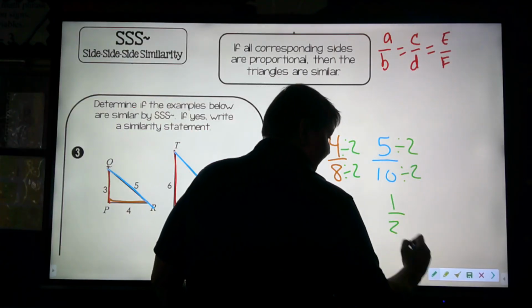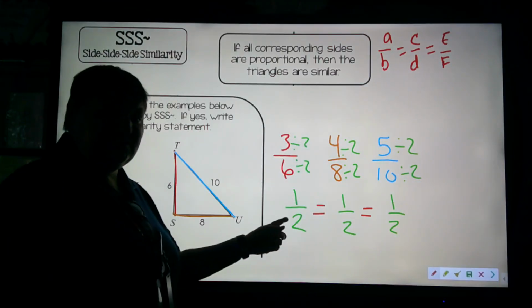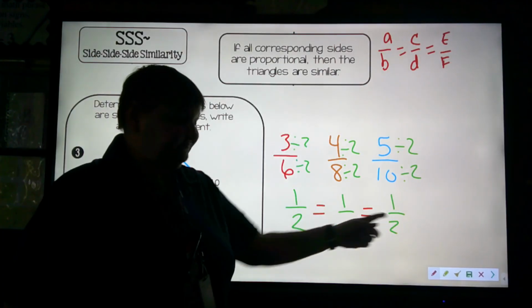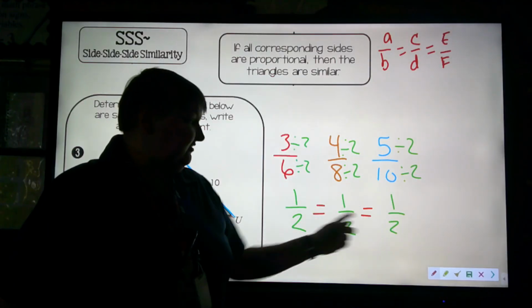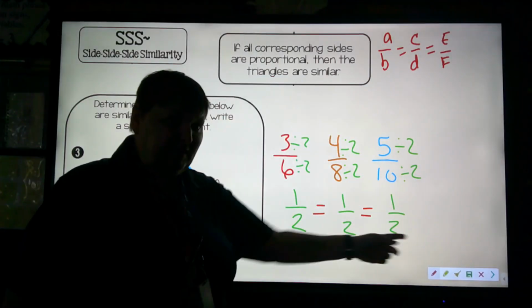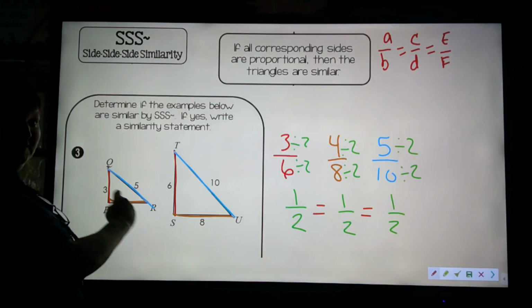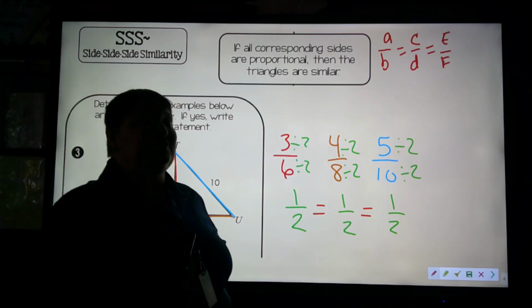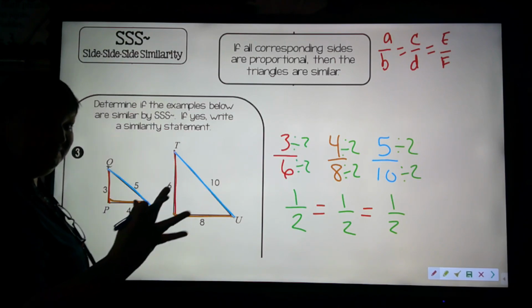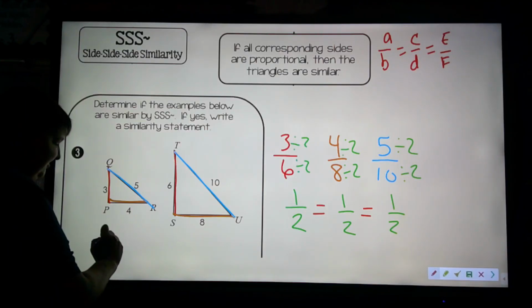That leaves you with 1/2. These are my ratios: 1/2, 1/2, 1/2. All three of my ratios are equal. That means my corresponding sides are proportional, so they are similar, because you have to have all three of them be equal.